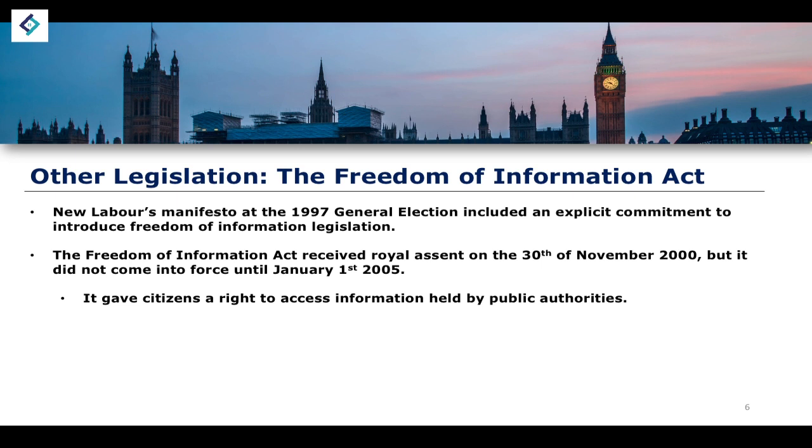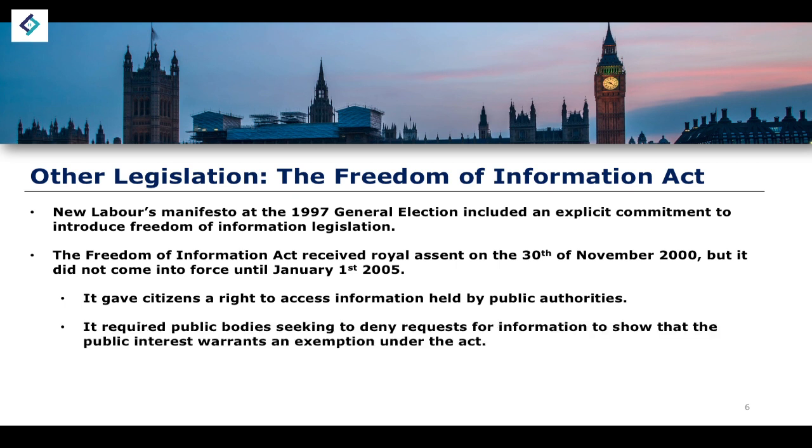Not all information, so there was obviously some top secret information that would not be available to be released. But the Freedom of Information Act essentially allowed individual citizens to gain access to public authorities' information. Now, it required public bodies seeking to deny those requests for information to show that the public interest warrants an exception under the Act.